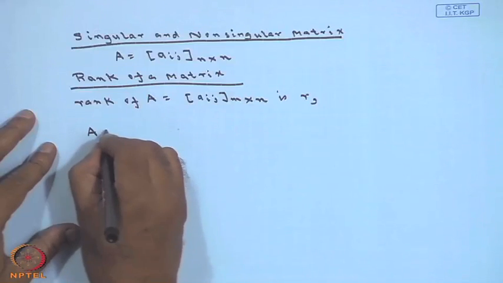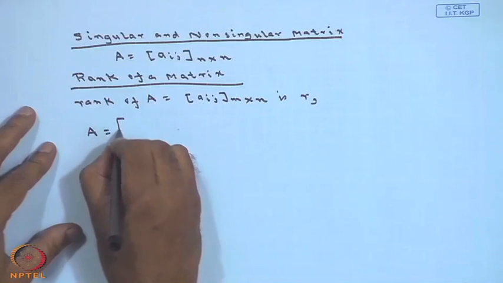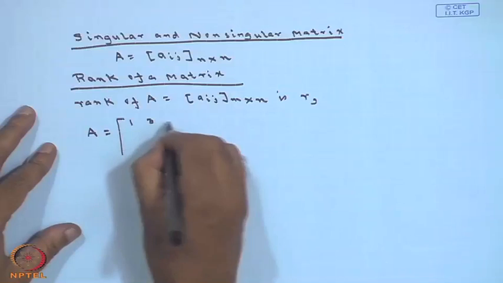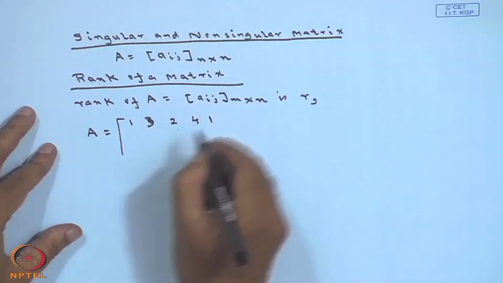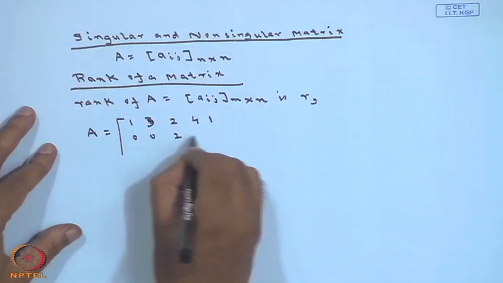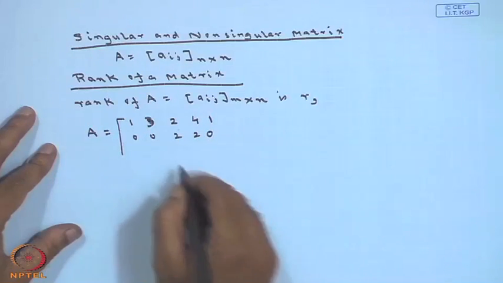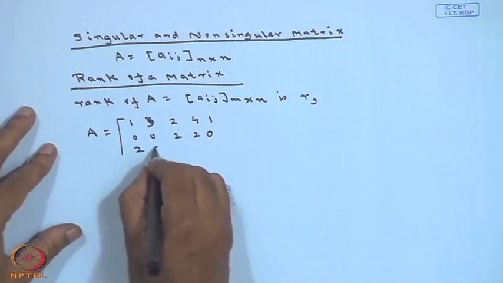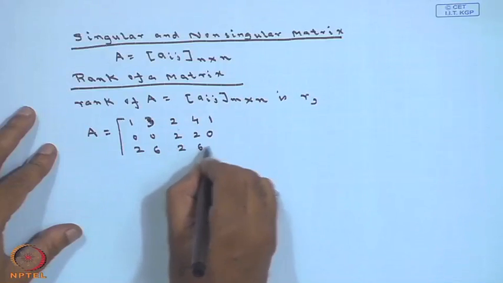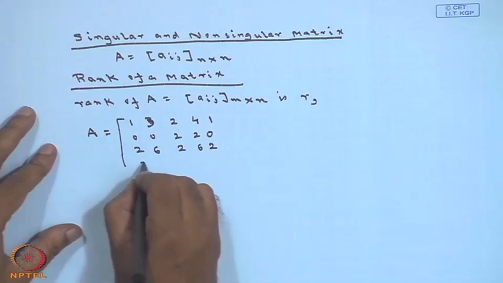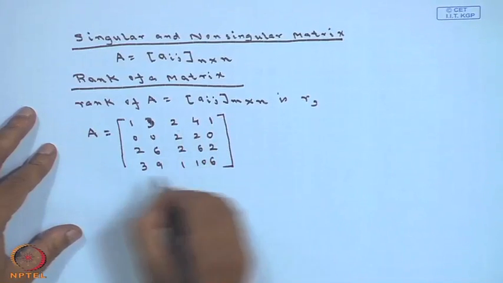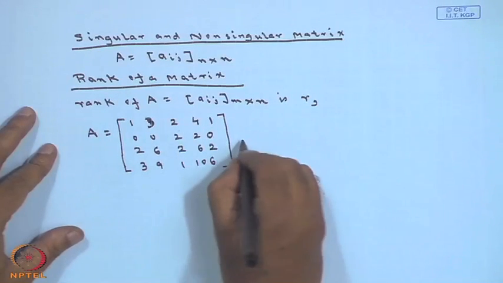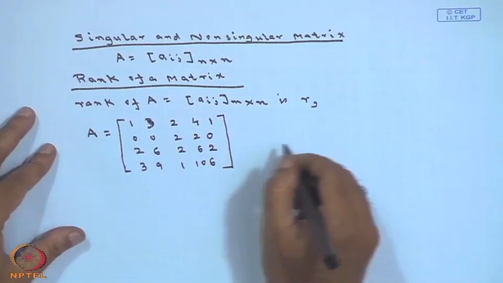Let us take one example. You take a matrix A a little bigger. For this matrix A, let us perform some row operations.